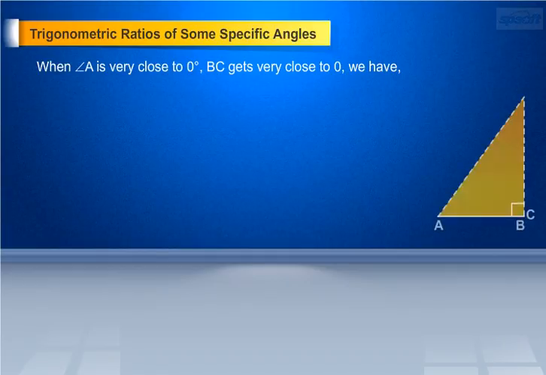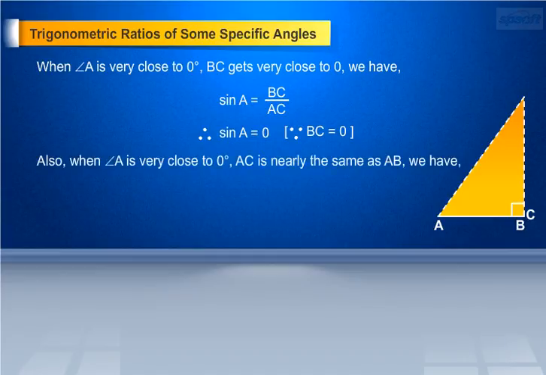When angle A is very close to 0 degrees, BC gets very close to 0, we have sin A equals BC by AC, since sin theta equals opposite side by hypotenuse. Sin A equals 0, here, BC equals 0. Also, when angle A is very close to 0 degrees, AC is nearly the same as AB, and so the value of cos A equals AB by AC, since cos theta equals adjacent side by hypotenuse.